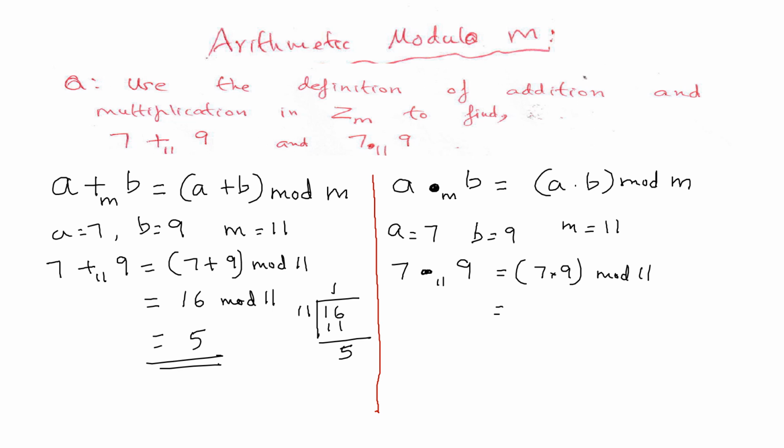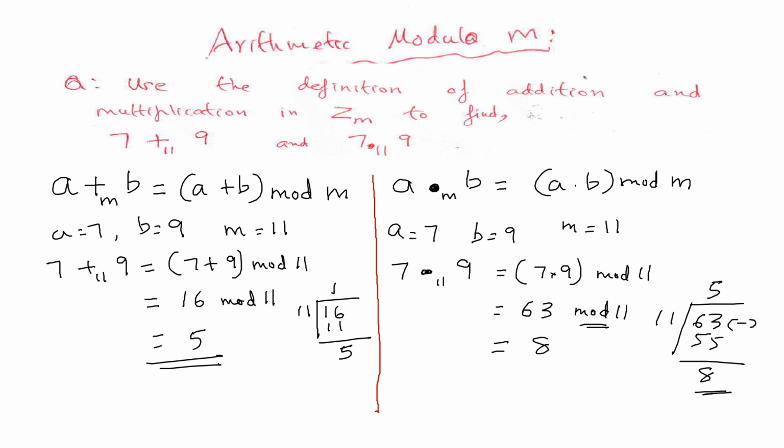This is ordinary multiplication, 7 times 9 is 63. 63 mod 11 means it is the remainder that you have to calculate. So 63 by 11: 11 how many times? Nearest is 5. 11 fives are 55. Do the subtraction, so you get the remainder as 8. Mod means remainder, div means quotient. In both cases we have mod, therefore it is the remainder that you need. So this is the answer.